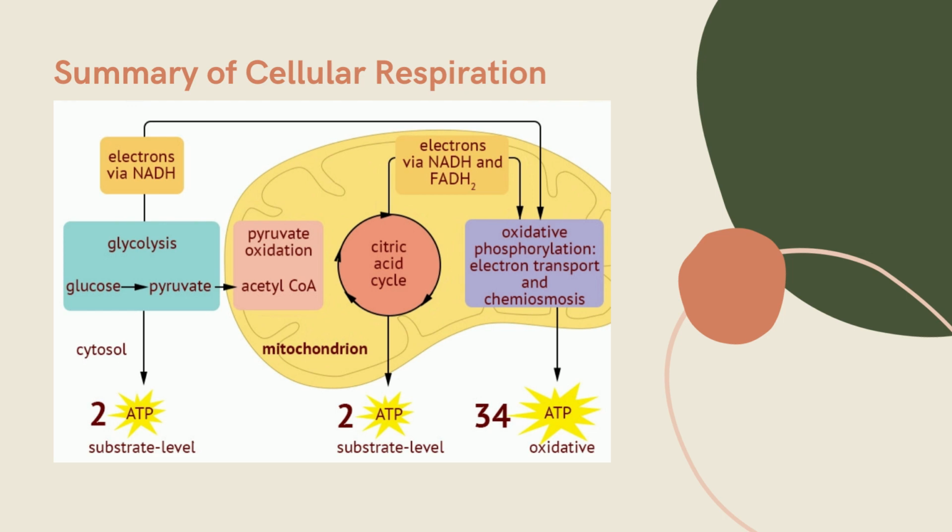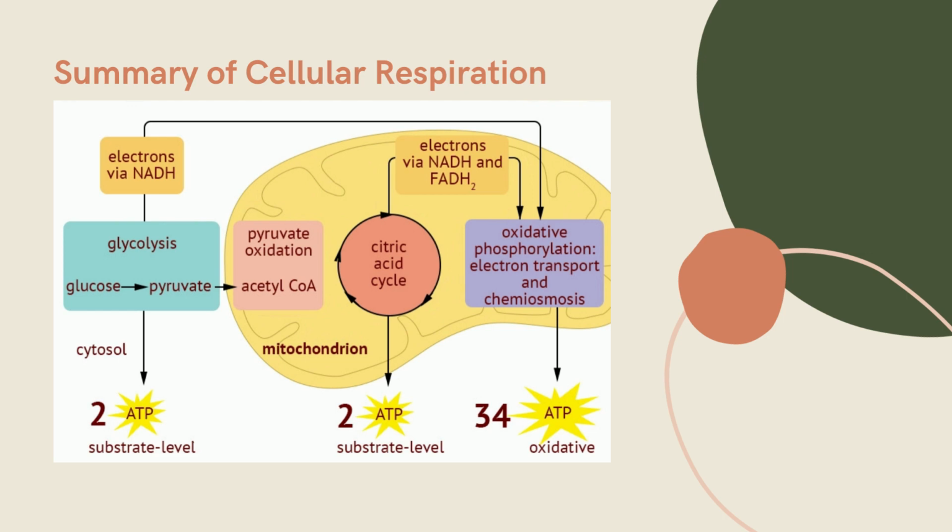Lastly, oxidative phosphorylation, which is electron transport and chemiosmosis, is the production of the majority of the ATP in cellular respiration. It involves the transport of electrons coming from glycolysis and the citric acid cycle, and production of ATP due to the hydrogen ion accumulation from electron transport.